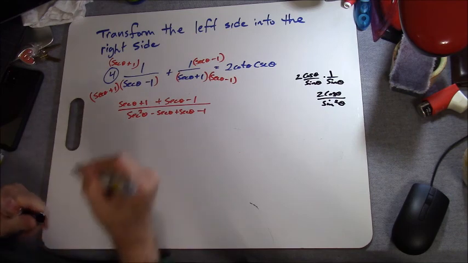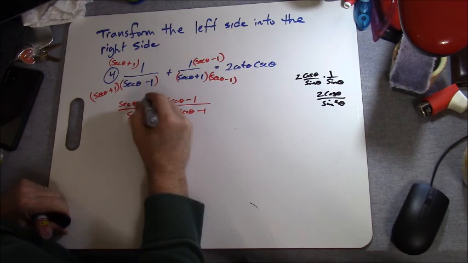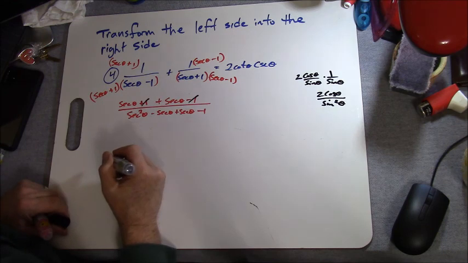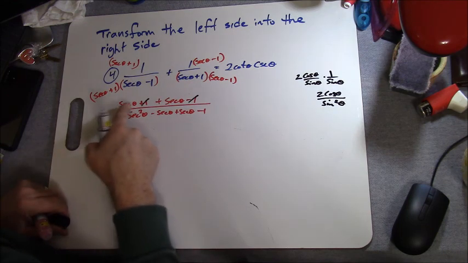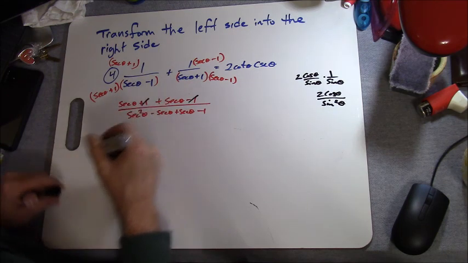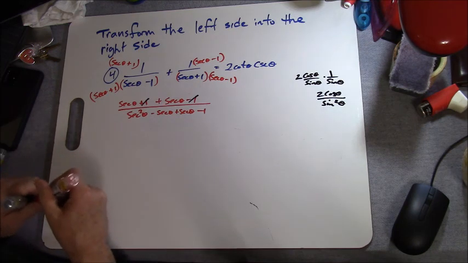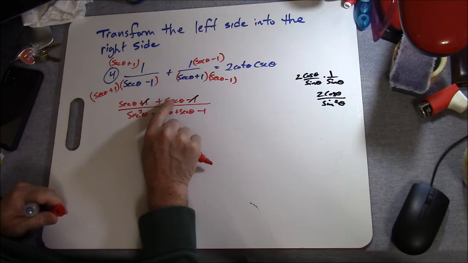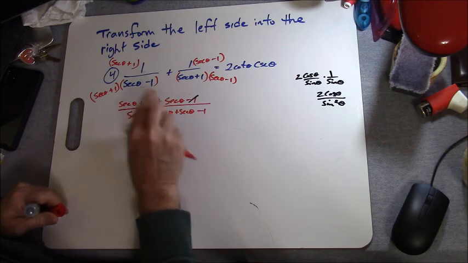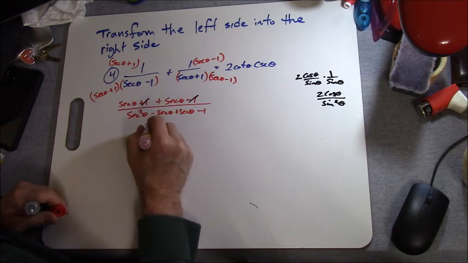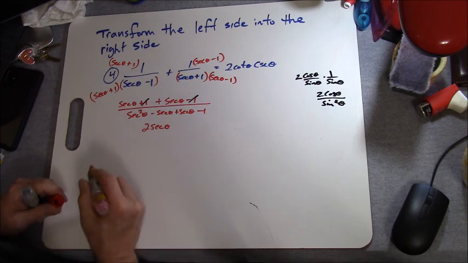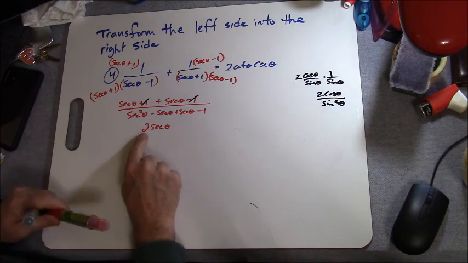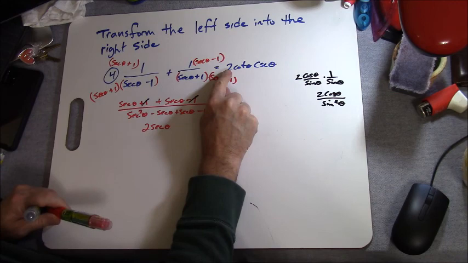So looking at this, I know that these 2 things add up to 0. So when I add these, I have a 2 secant theta. When you add trig functions, it's just like saying x plus x is 2x. Well, secant theta plus secant theta is 2 secant theta. And I like seeing that 2 there because I see a 2 over here.